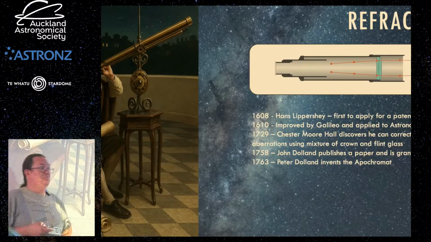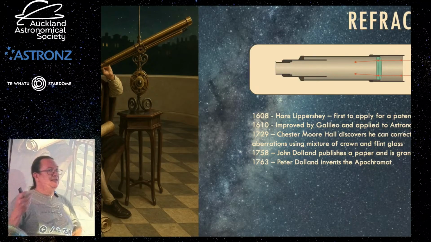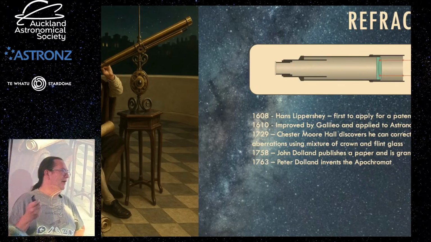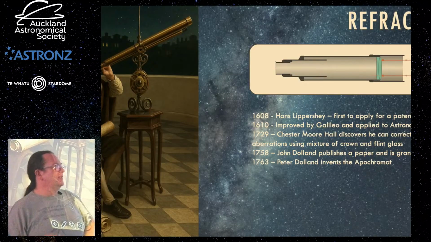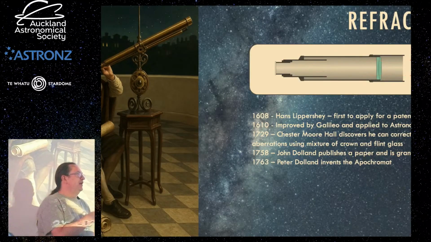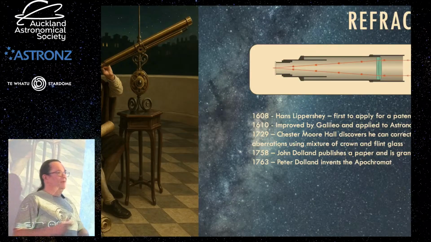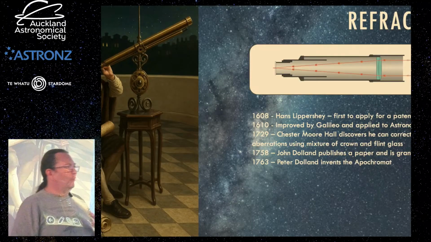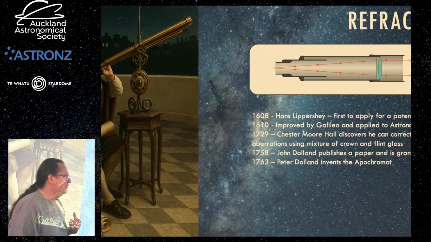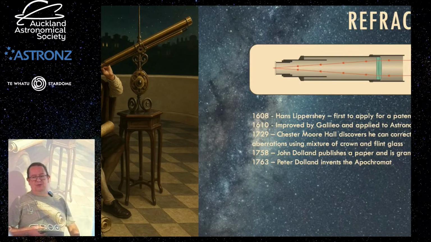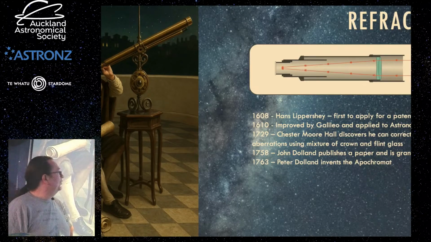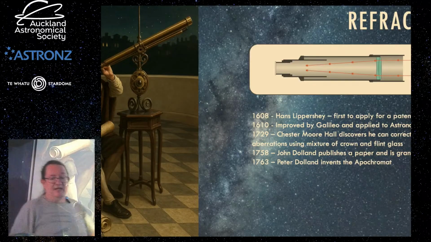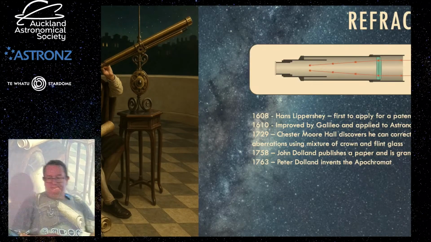He said that he used that phrase for seeing things that are far away as if they were nearby. Ultimately, his patent was rejected because at the time, a lot of spectacle makers were holding up different lenses and working out the same thing, that you could make something that's far away appear closer. But he did make and sell his early telescopes. One of those telescopes made its way to Galileo.